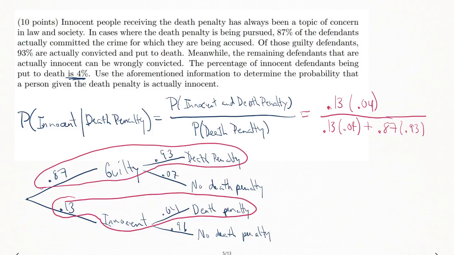And so now we can actually take this and see what happens. We take our 0.13 times 0.04, and we should get 0.0052. And then we can take that 0.13 times 0.04 and add that to 0.87 times 0.93, and I believe we get 0.8143.